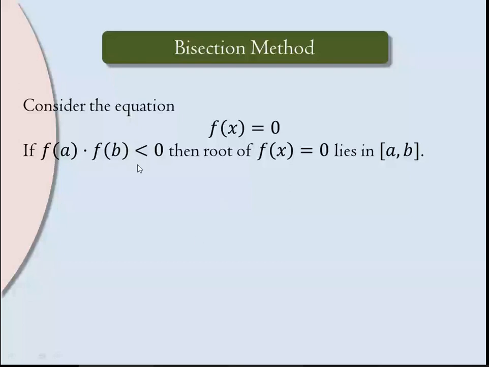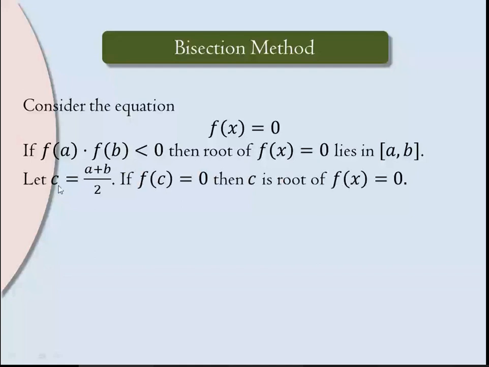So because of this property, if f of A into f of B is less than 0, then there must be at least one root between these two points, so it must lie between A and B. And in this interval, we can find one point C, which is the sum of the endpoints, A plus B, by 2. If at that point f of C is 0, then C is the root of the equation.